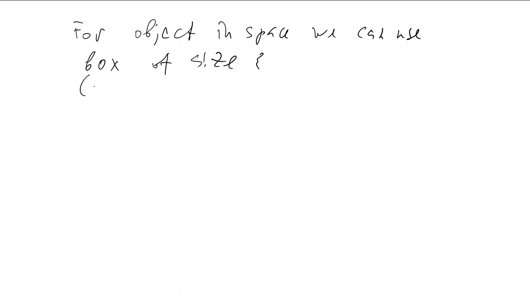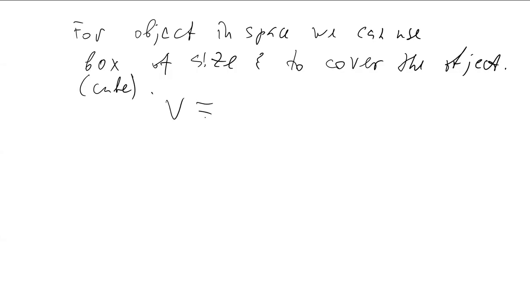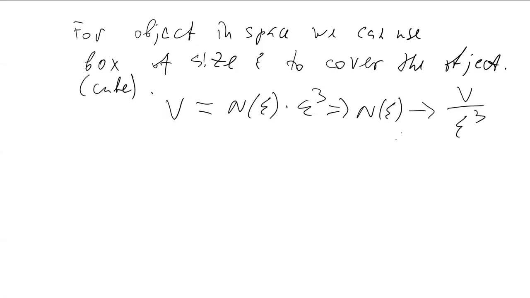The box, in fact, is a cube, to cover the object, and it will be the same. So volume will be equal to the number of cubes to cover this object times the volume of each cube. And here we again find that the number of small cubes to cover our object tends to the volume of our object divided by epsilon cubed, when epsilon tends to 0.